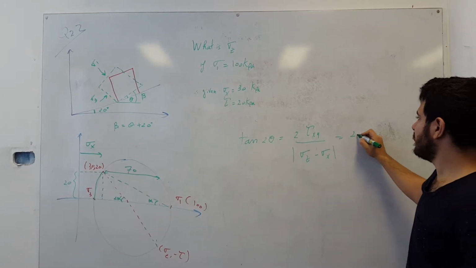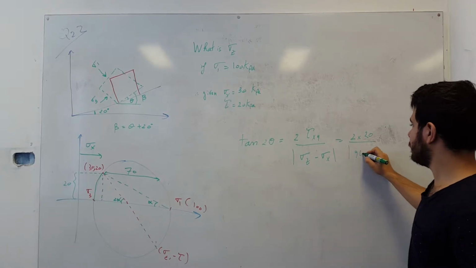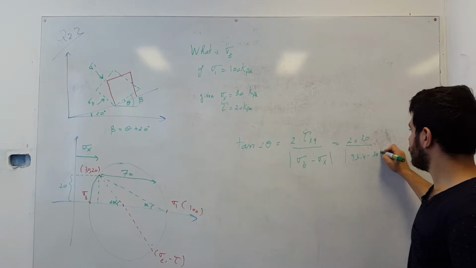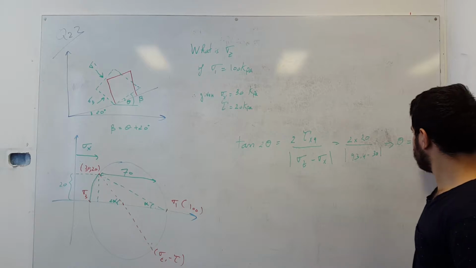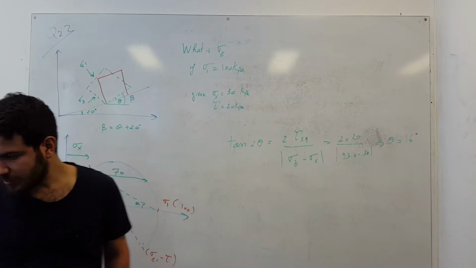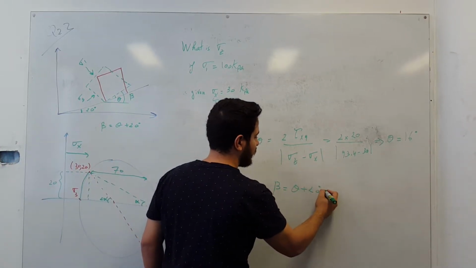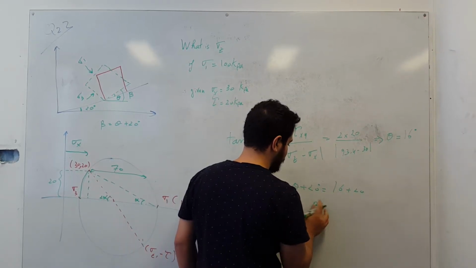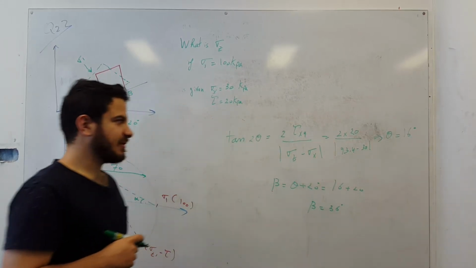So tau xy is 20 over sigma z, we've already done, 93.4 minus 30, and therefore theta would be, I think, again 16 degrees. So therefore theta is 16 plus 20, which ends up to be 36 degrees. Yeah? That's the answer.